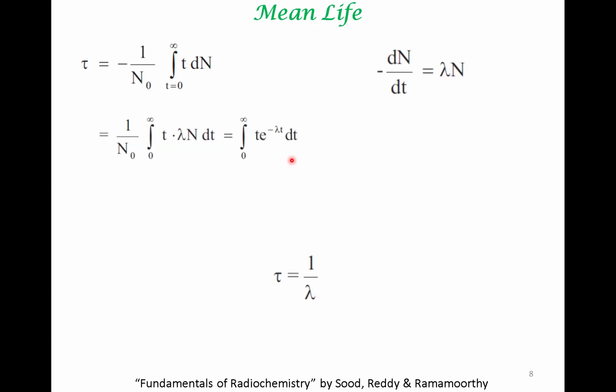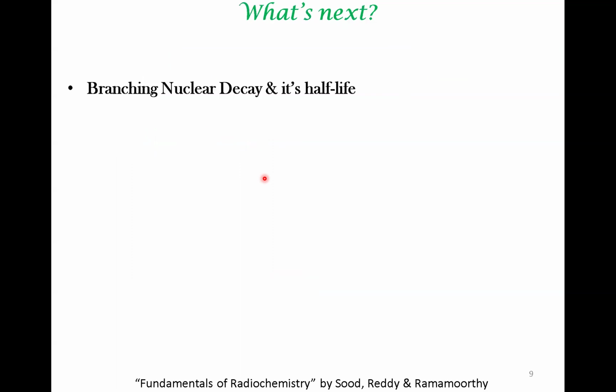This is a way of defining the average lifetime, or the mean lifetime. This has to be differentiated from half-life. Half-life was related to the radiation constant using this formula, but you define the average life using this formula, 1 by lambda. So these two are different quantities. They cannot be used interchangeably.